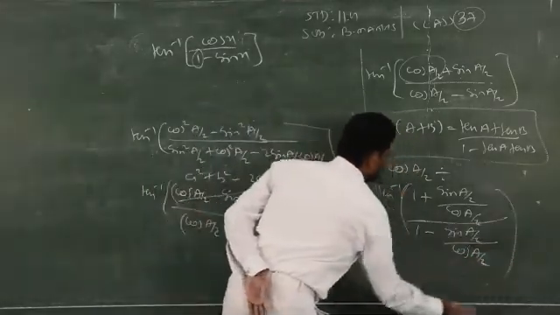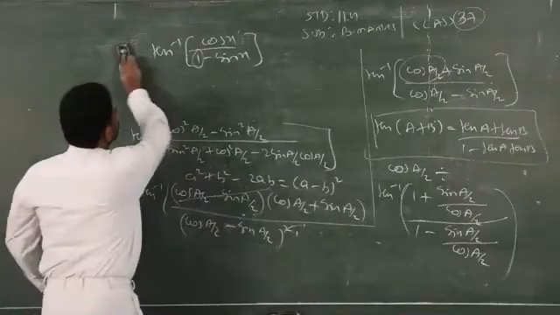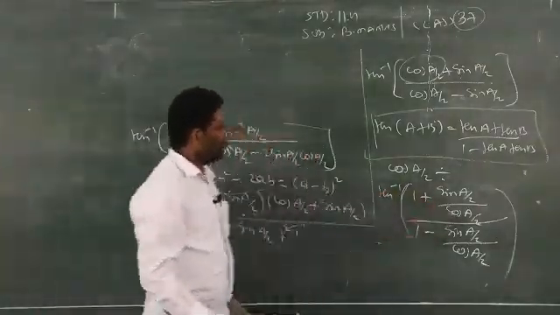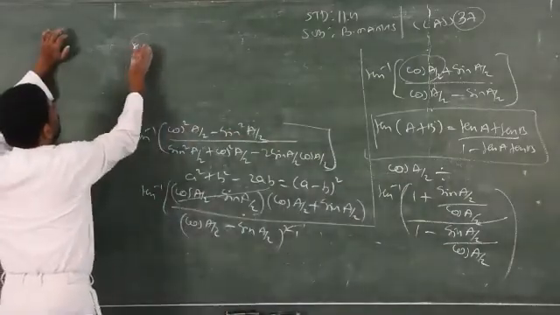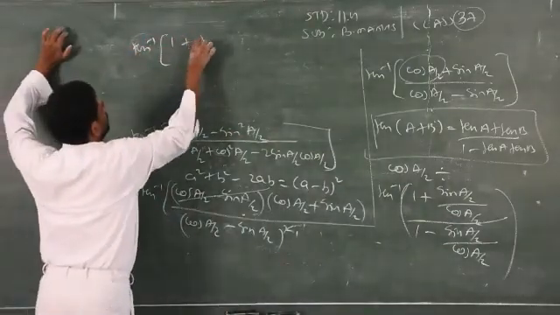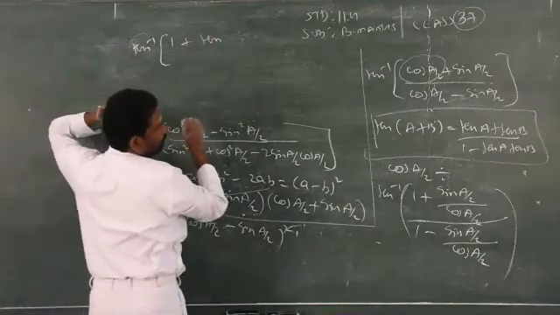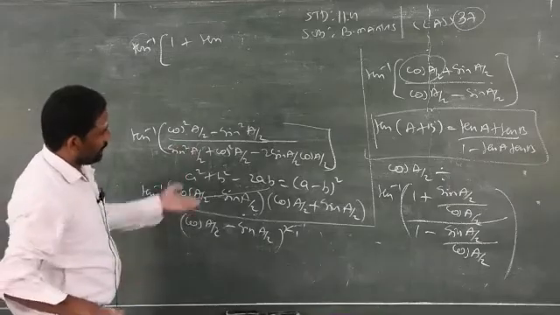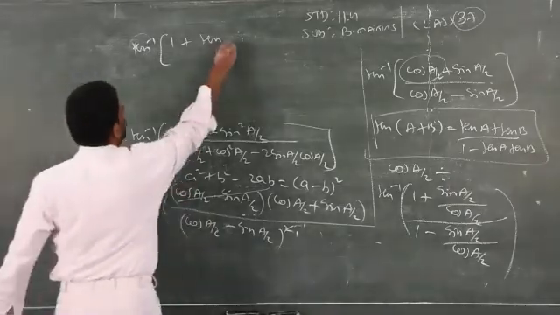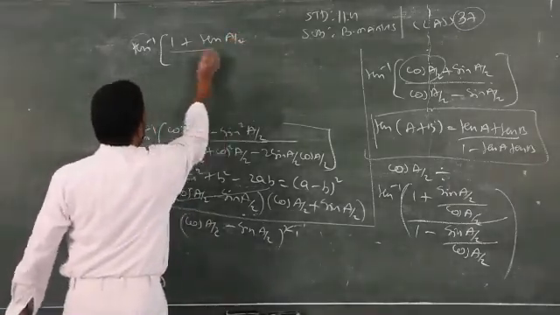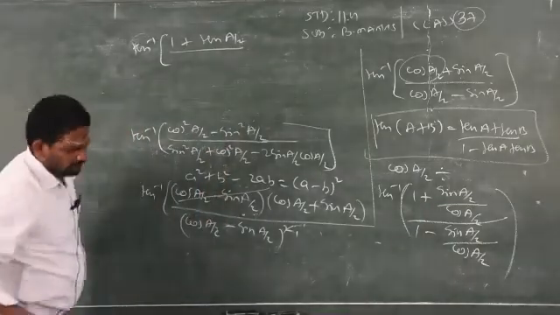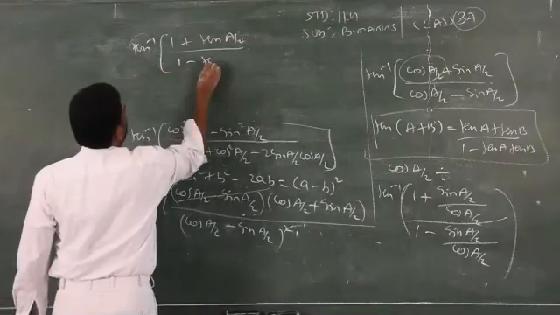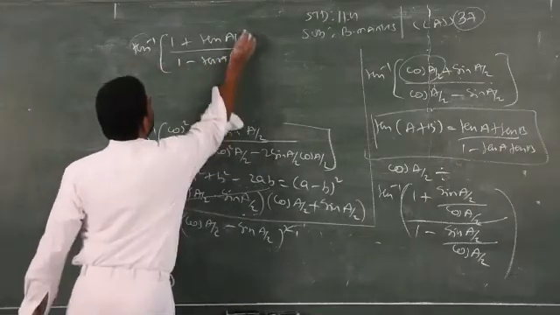Clear? Just I got like this. So now sin a by 2 by cos a by 2 how much? Tan a by 2. So tan inverse of 1 plus tan a by 2, over denominator 1 minus tan a by 2.